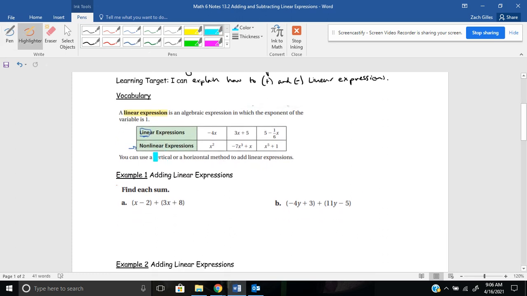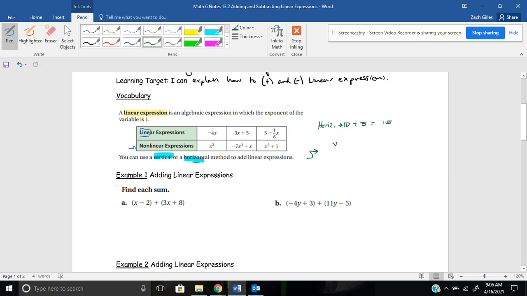It says you can use the vertical or horizontal method to add linear expressions. All that's saying, and I'll give you an example, is like when you're adding 10 plus 5. Well, you know mental math, that gives you 15. This would be a horizontal way of thinking about this.